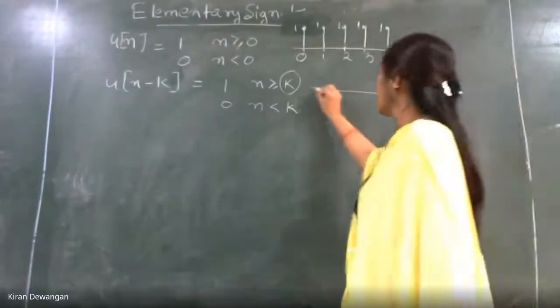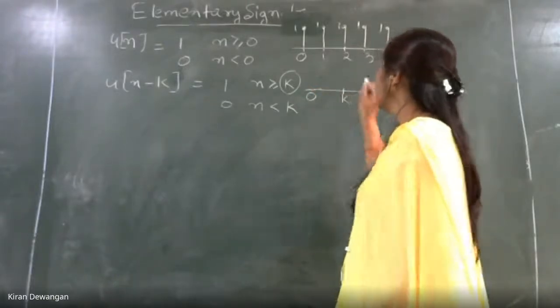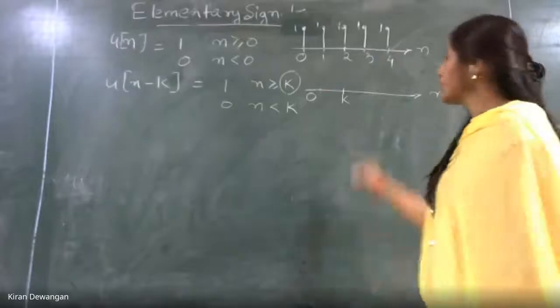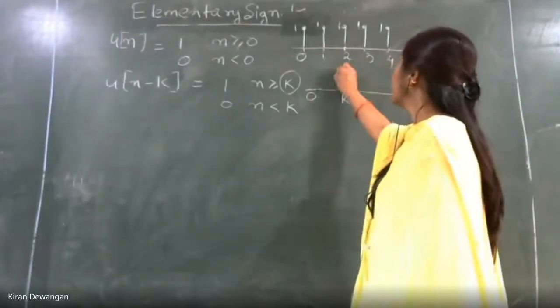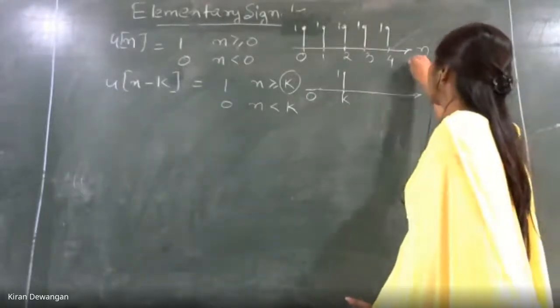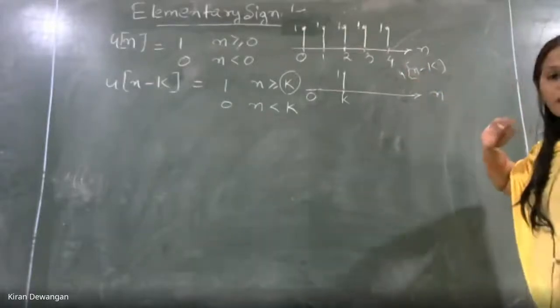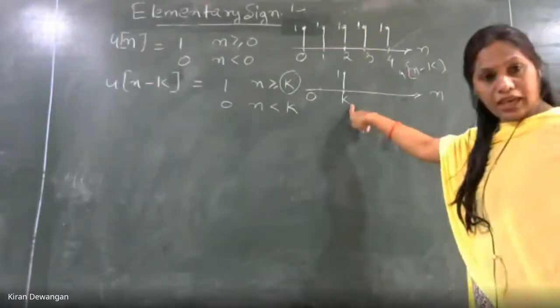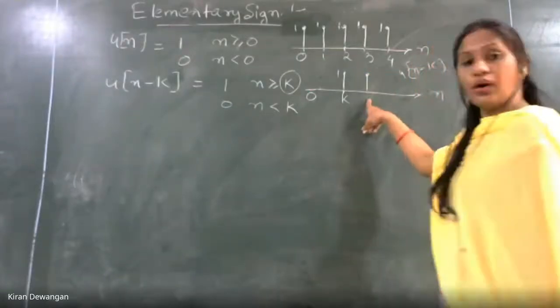So let us say here this is the 0 position. Somewhere it is k. This is k, starting at this position. This value is 1. मतलब अगर हम u of n minus k plot कर रहे हैं, so this is position k, and what about the next position? ये क्या होगा?